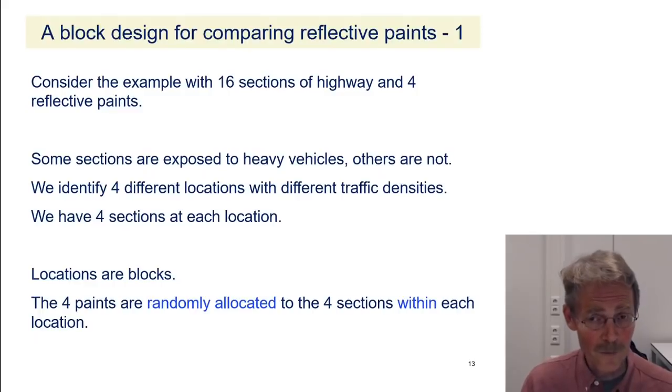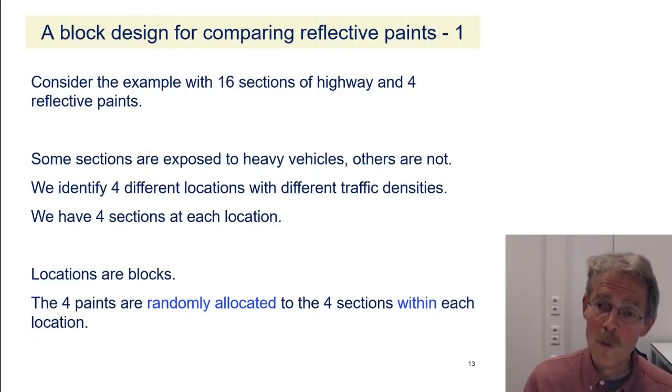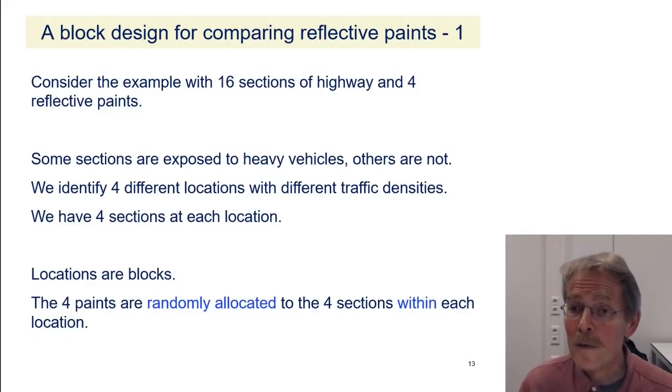So at the end, if you find a difference between panes 1 and 3, is it really the difference between the panes, or is it because unfortunately pane number 1 had it a lot harder with all these heavy lorries than pane number 3?